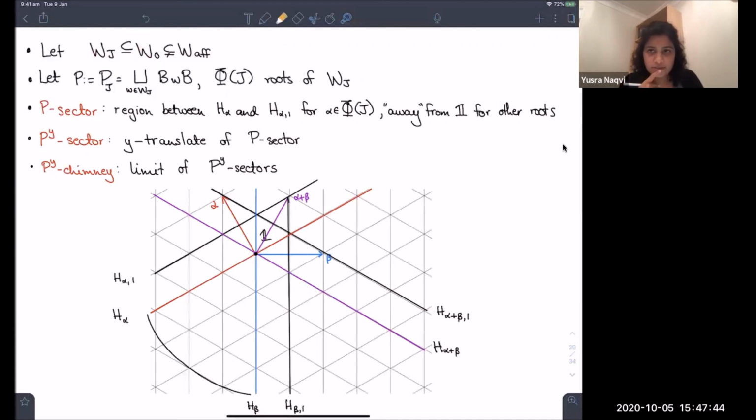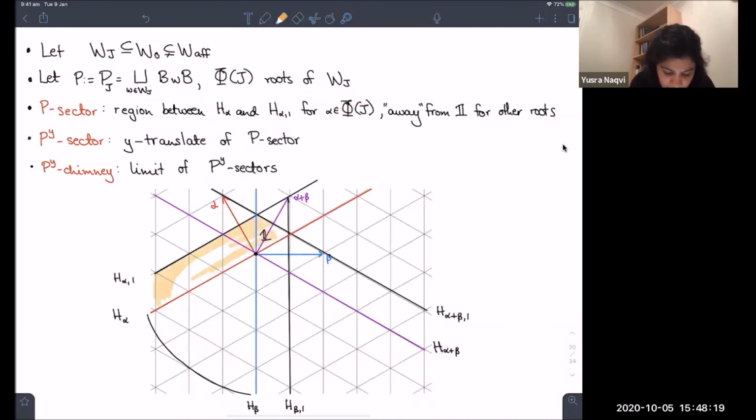So I have a few definitions here, but again, the picture to keep in mind is when I look at the things that go into my WJ, supposing I just have things generated by the red reflections over here, I'd look at my red root alpha. I would look at the region between H alpha and H alpha 1 for the roots that I want to select into my J. So I would be looking at regions between H alpha and H alpha 1 over here.